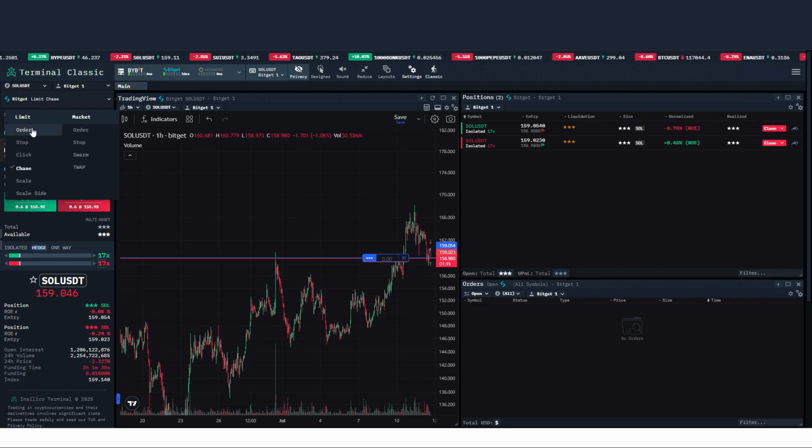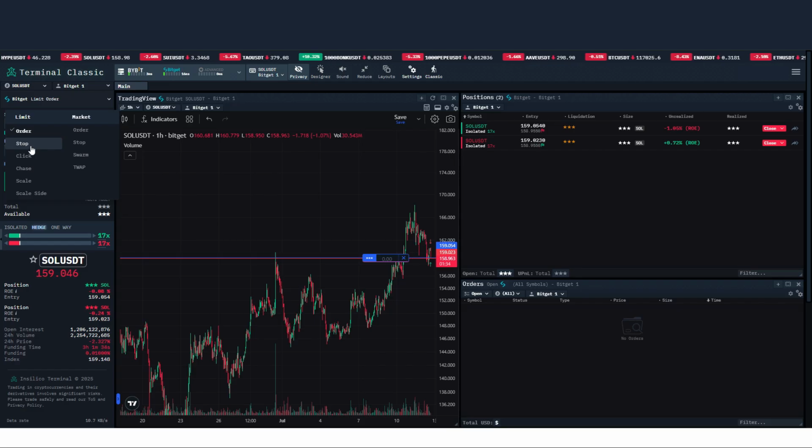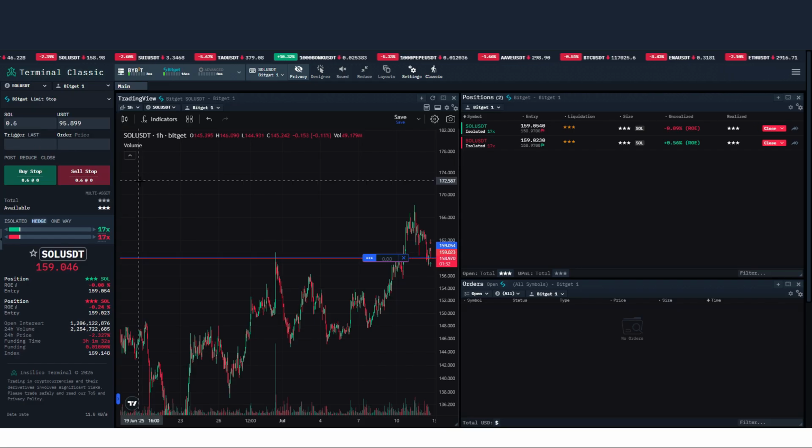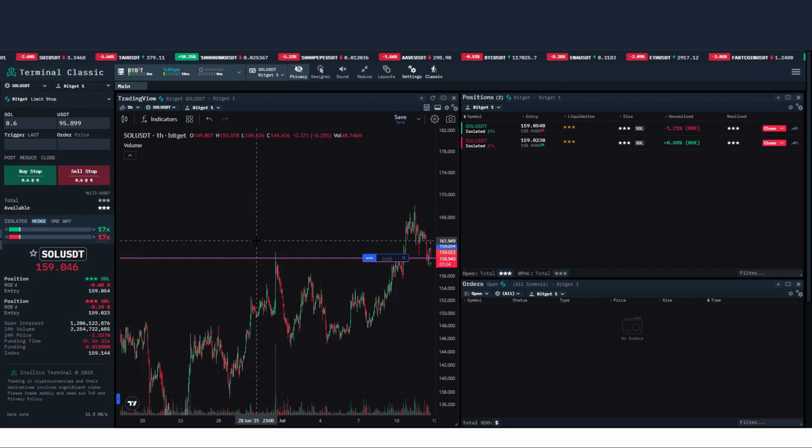So we talked about the limit order. We talked about, I love stop limit. So what stop limit is, essentially, is if price moves above a certain threshold, a trigger. So let's say, all right, what is Solana? 158.